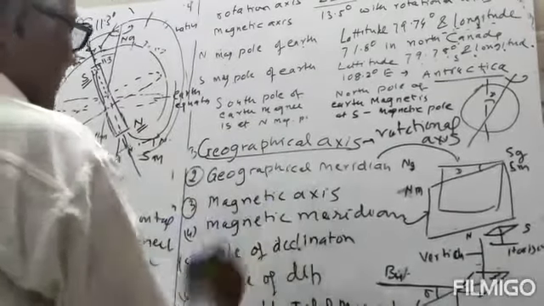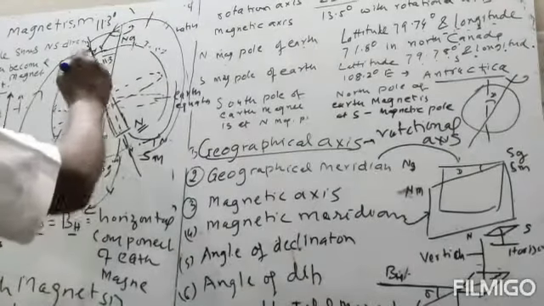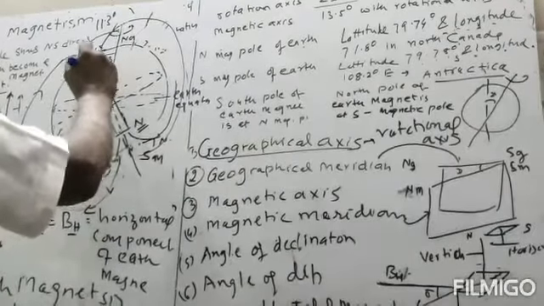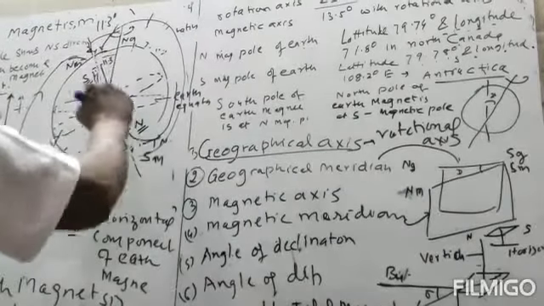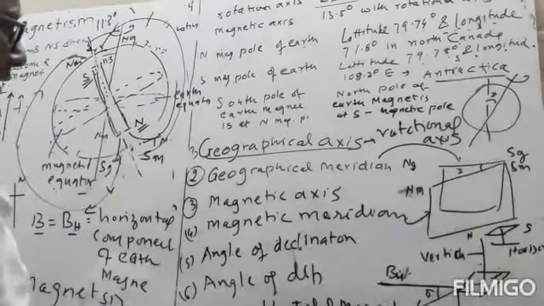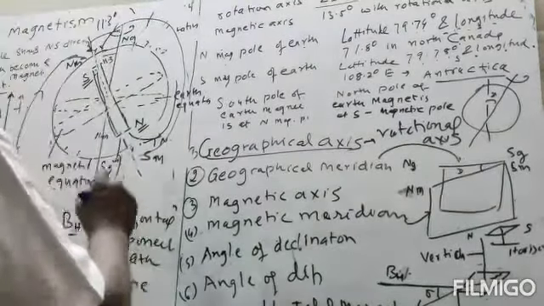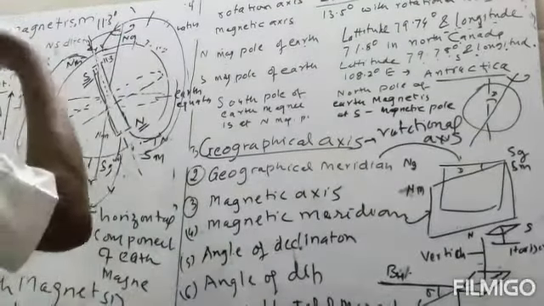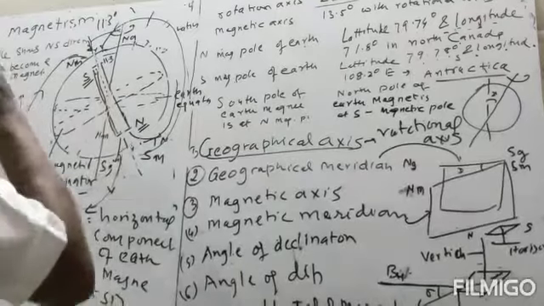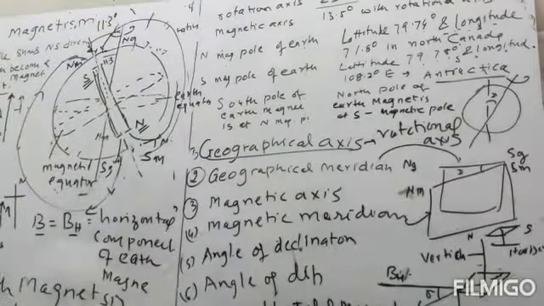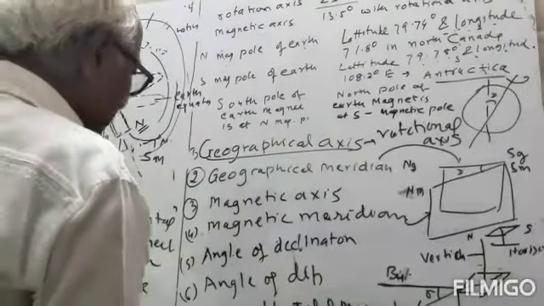Now the magnetic axis. The magnetic axis is the line which is joining the north pole of the earth magnet and the south pole of the earth magnet, and this line will be the magnetic axis of the earth. Magnetic meridian is a plane which is perpendicular to the magnetic axis, and that will be your magnetic meridian.